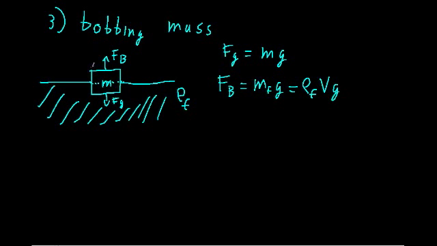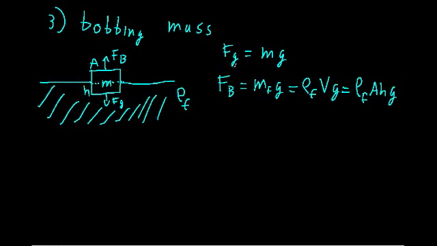Let's say the mass has a cross-sectional area A, and the length underwater we're going to call h. So the submerged volume is A times h, and our total buoyancy is rho F A h times gravity.